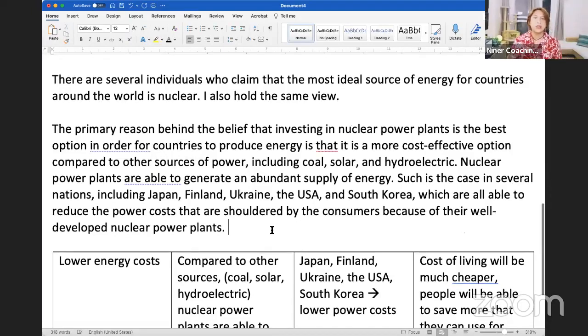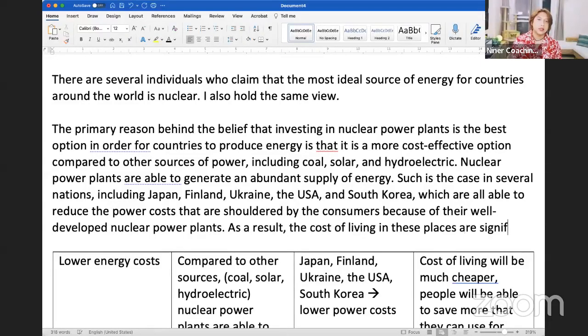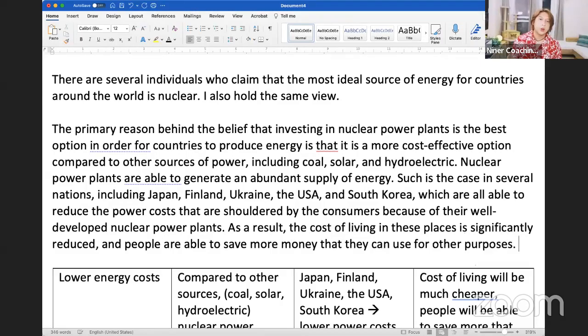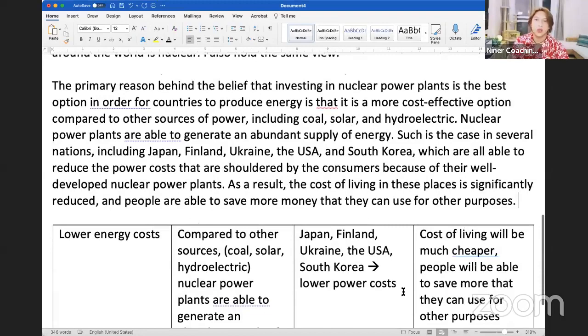As a result, the cost of living in these places is significantly reduced, and people are able to save more money that they can use for other purposes. Okay, there you go. That was very difficult for me to write.